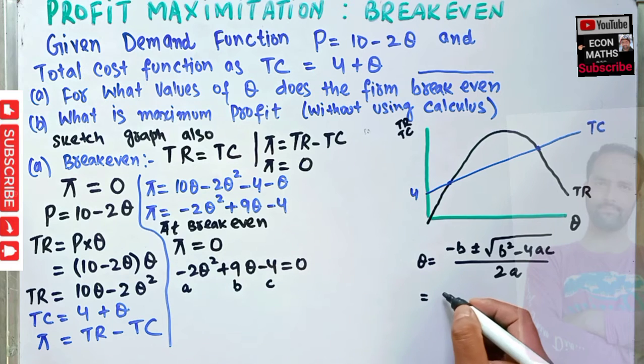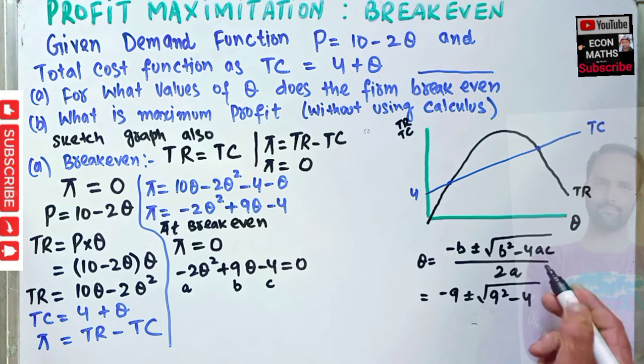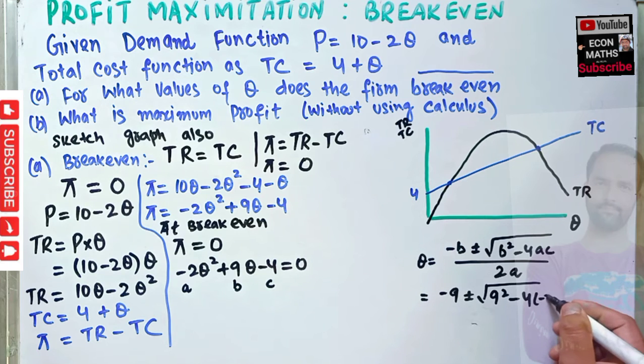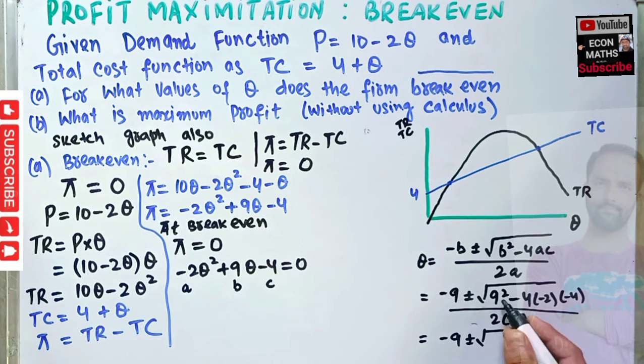So minus b means minus 9 plus minus square root of 9 square minus 4, the value of a is minus 2, the value of c is minus 4, divided by twice a, 2 into minus 2. So we have minus 9 plus minus square root of 9 nines are 81, 4 twos are 8, 8 times 2 is 16. Minus minus is plus, minus is minus. So this is 16 here, divided by 2 twos are minus 4, minus 4.